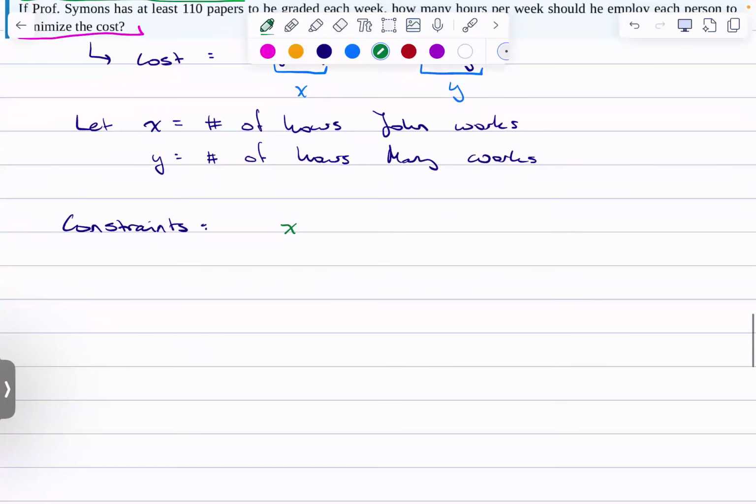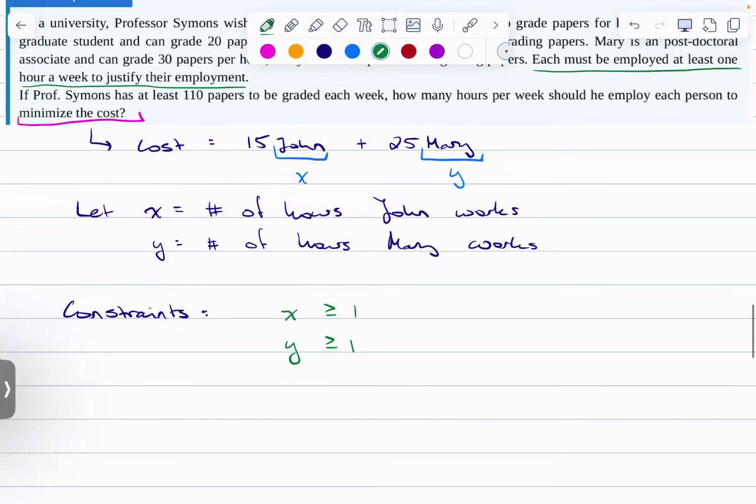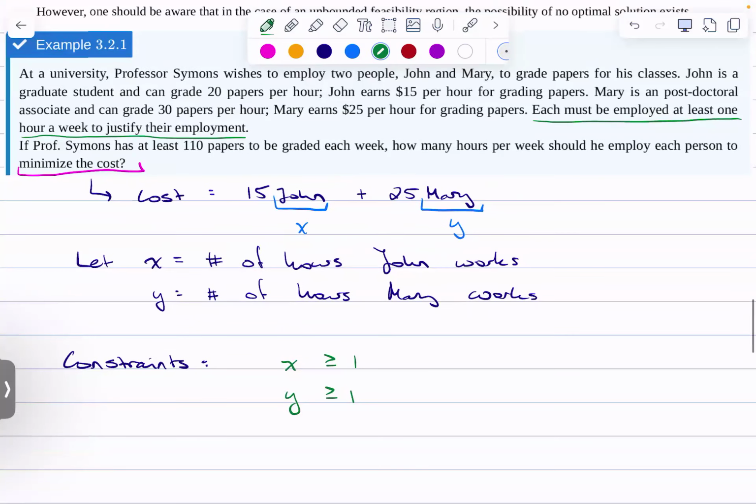And so X has to be greater than or equal to 1, and Y has to be greater than or equal to 1. I write this one down because it's not X greater than 0, Y greater than 0, which is our default. Now we're in a more restricted area.